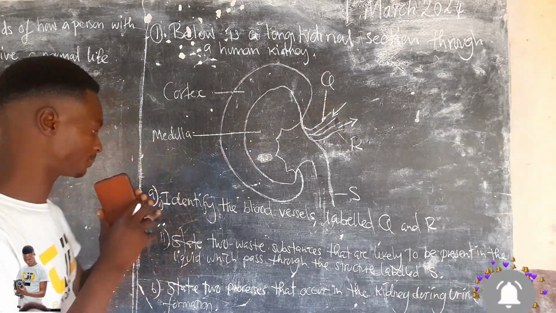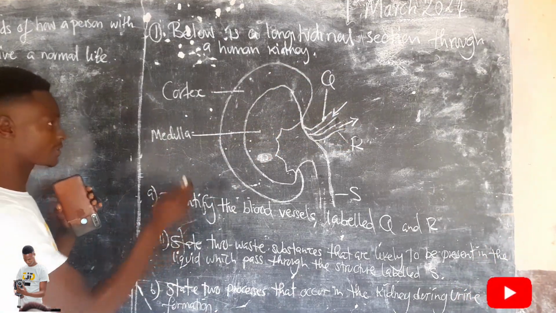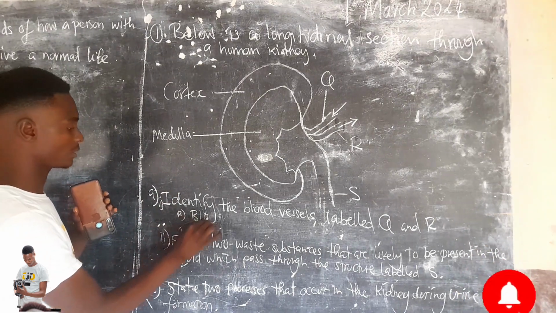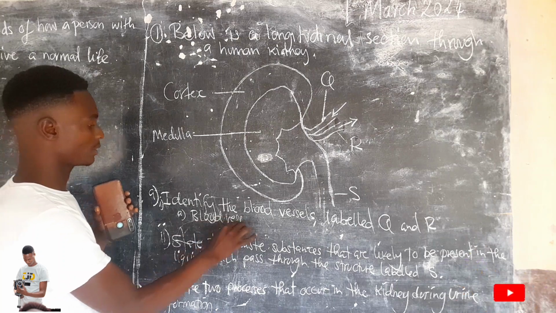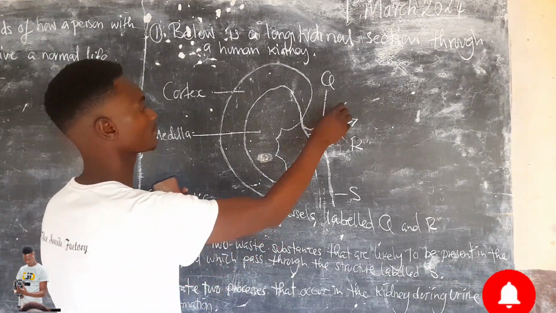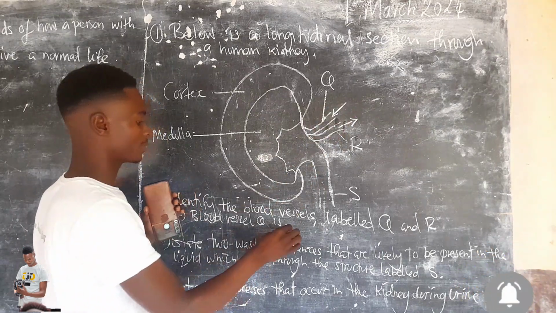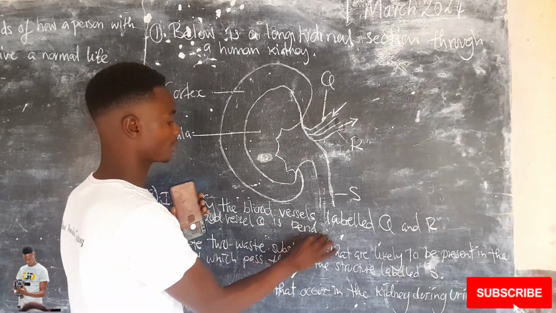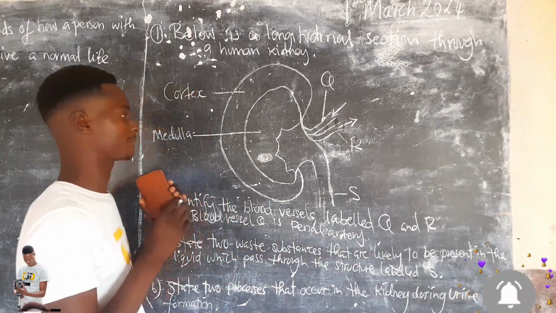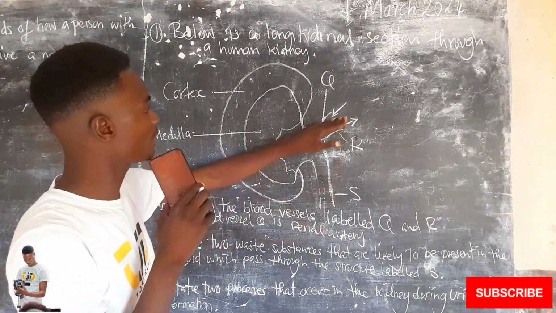Now, the blood vessel Q is the renal artery. How do you know that this is the renal artery?